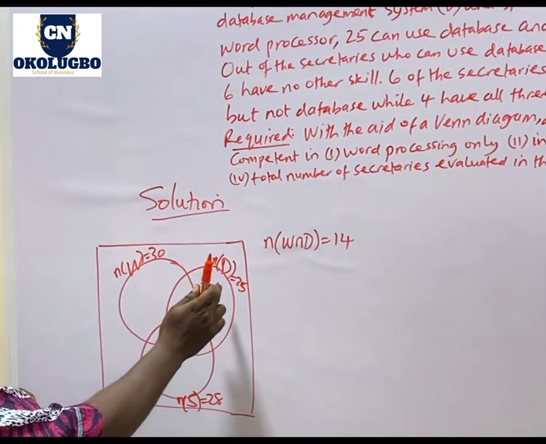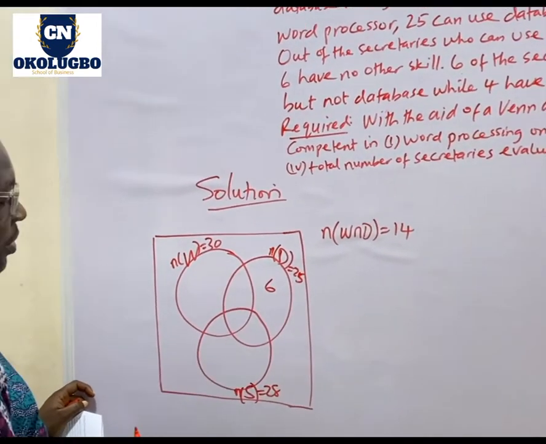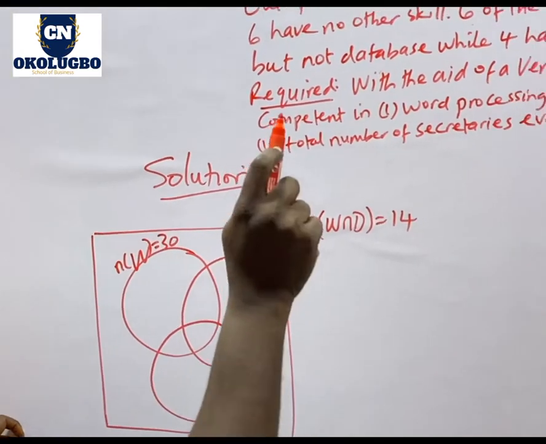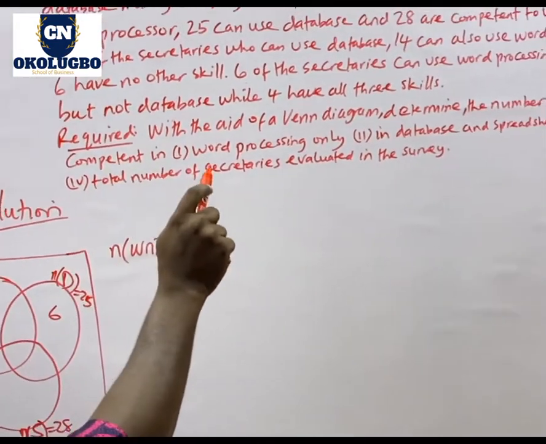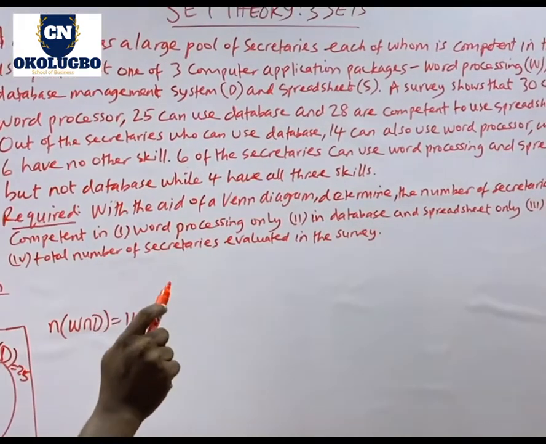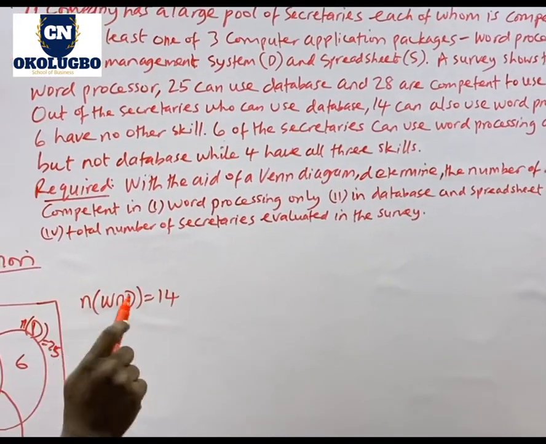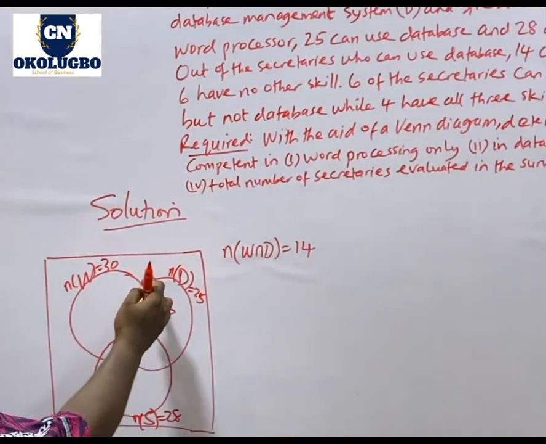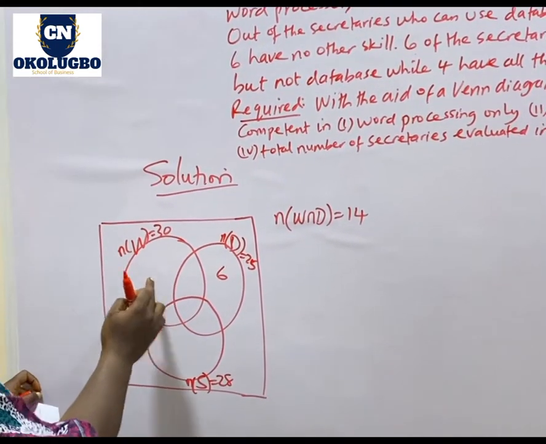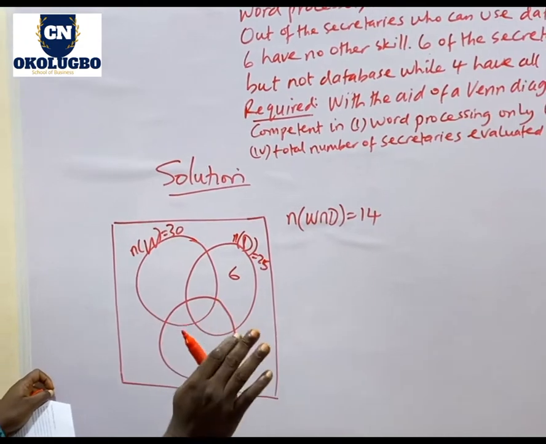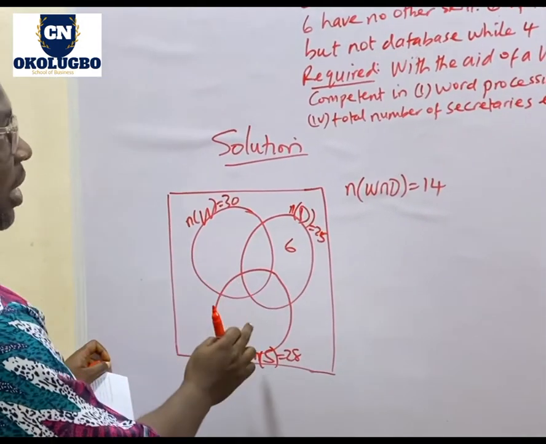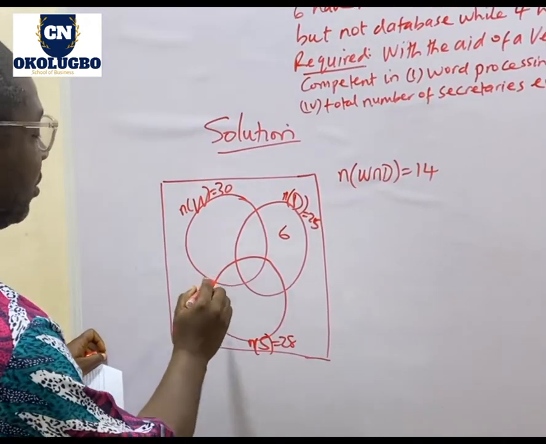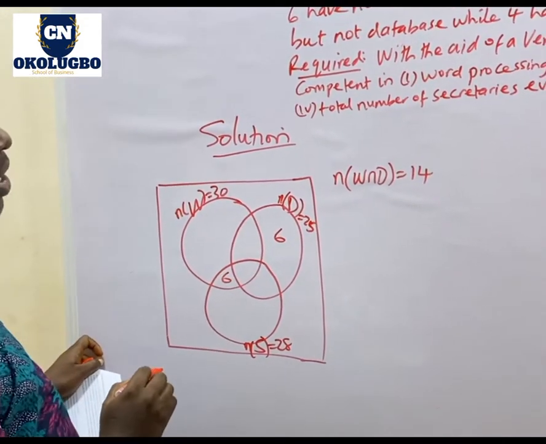Word processing and spreadsheet, but not database. They can use these two but not database. Where would that be? That is word and spreadsheet only. That will be here. That will be 6. 6 will be here.